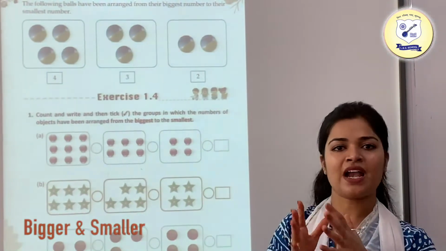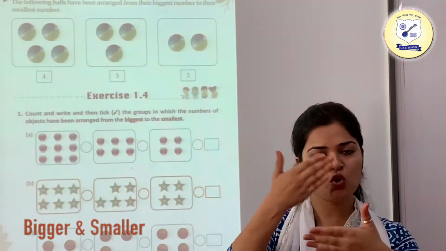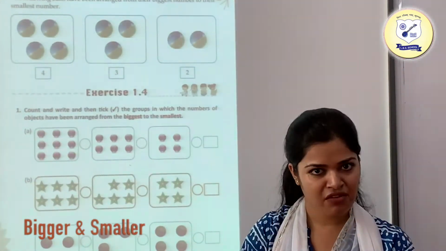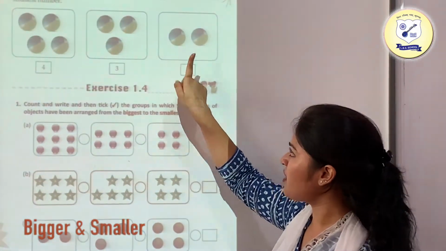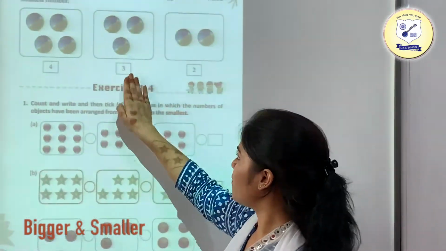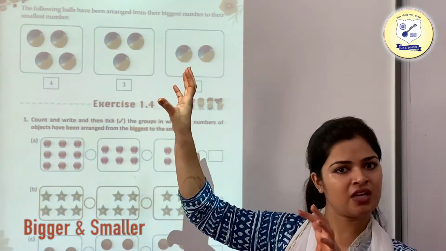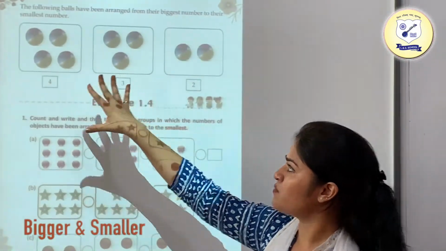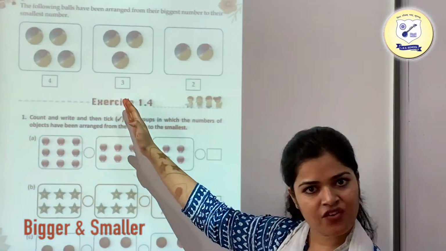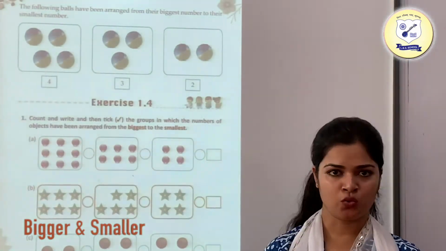When we start counting, 2 comes first, after that 3, and after that 4. So among 4, 3 and 2, 4 is the larger one. It has already been done for you: they have arranged 4 first, after that 3, and after that 2.